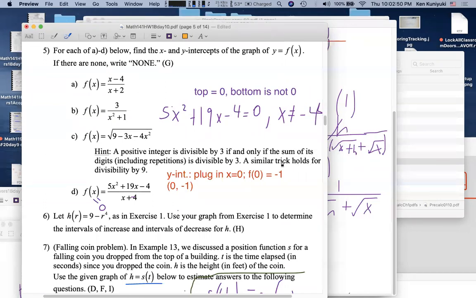You could use the quadratic formula, but I think old school factoring works here. 5x and x, 4 and 1.